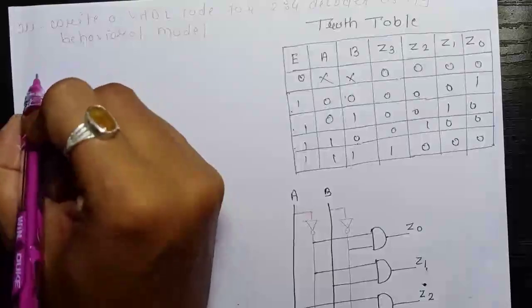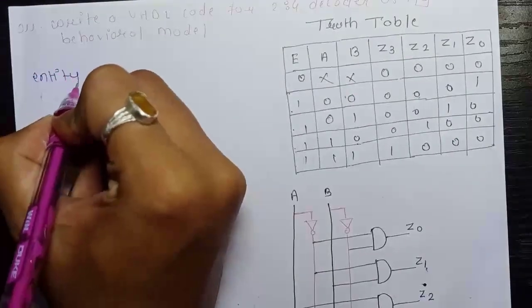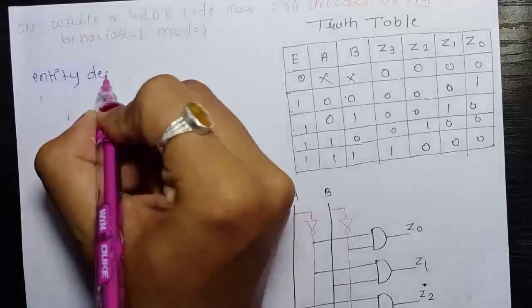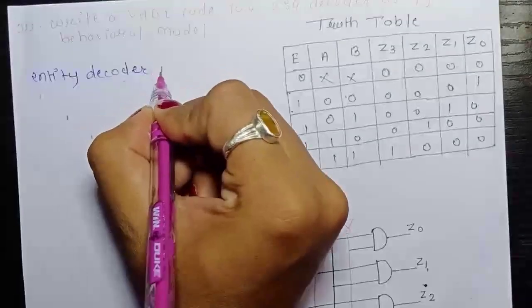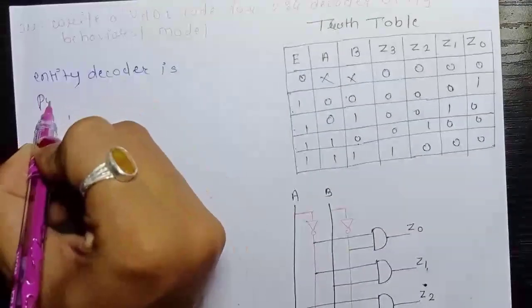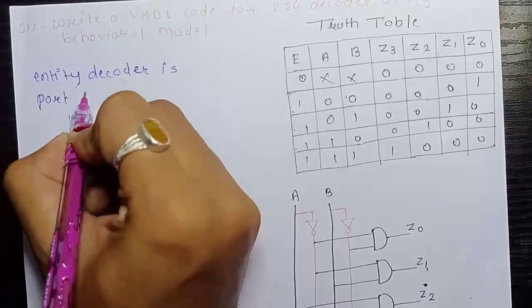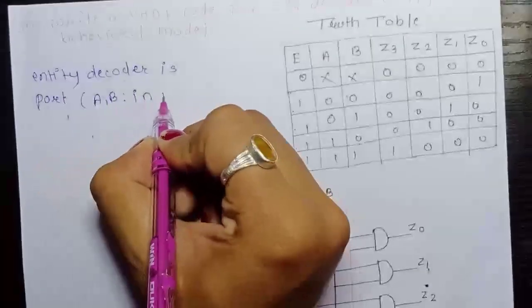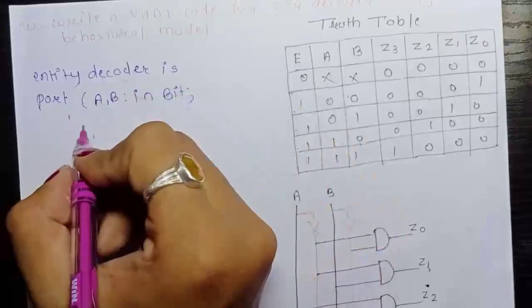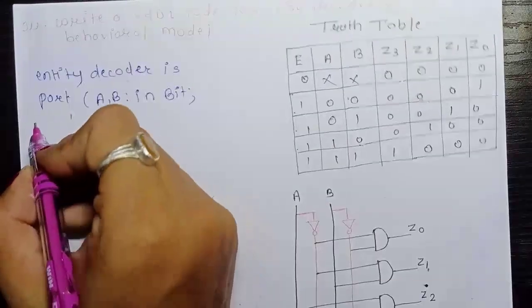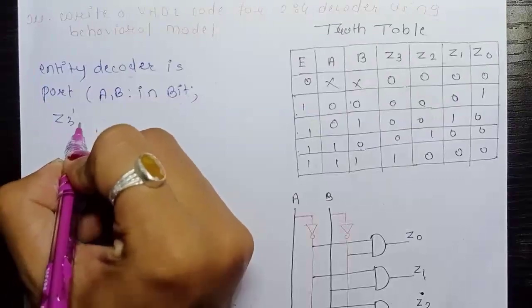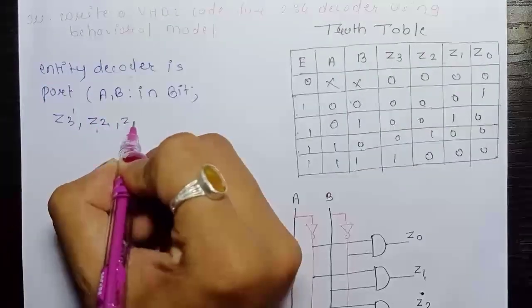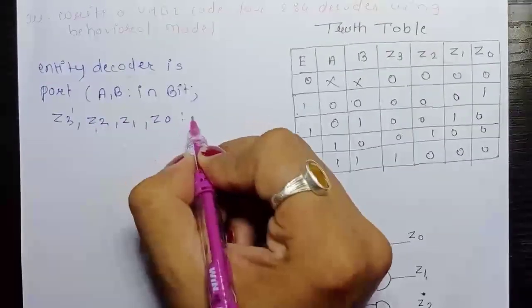Okay, so first we have to declare entity. The name of my entity is decoder. There are 2 input ports, that is A and B. There are 4 output ports, that is Z3, Z2, Z1, Z0.